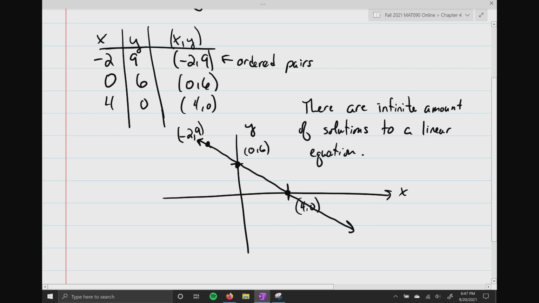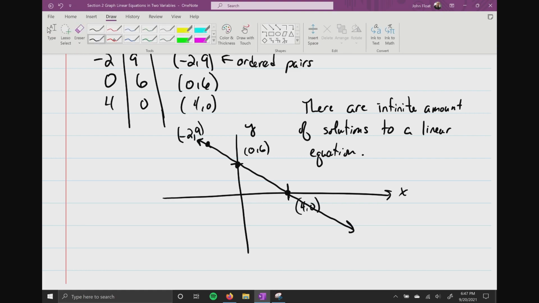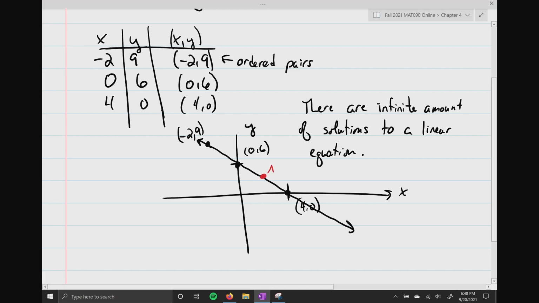When we have a line and we graph it, such as we have here, any point that lies on this line, so if it's this point here, call it point A, or this point all the way down here in the lower right-hand corner, we'll call that point B, or even all the way up here, we'll call that point C. If I were to take those values and substitute them into my equation, 3x plus 2y equals 12, I will always get a true statement because the points lie on that line. And that's what we mean when you graph a line, there's an infinite amount of solutions that will satisfy that equation. And it's because they all exist on this line.